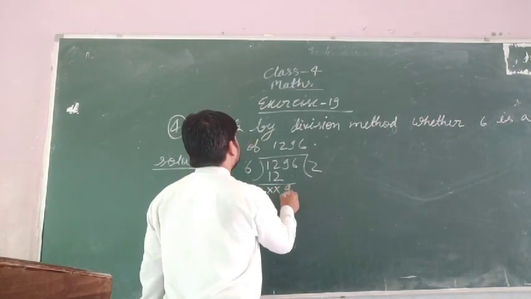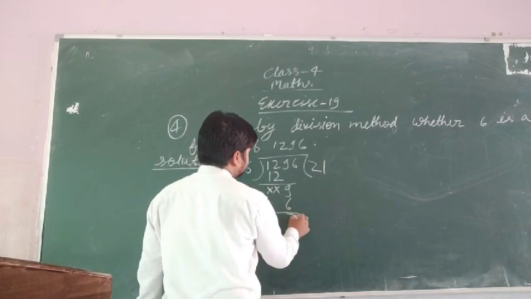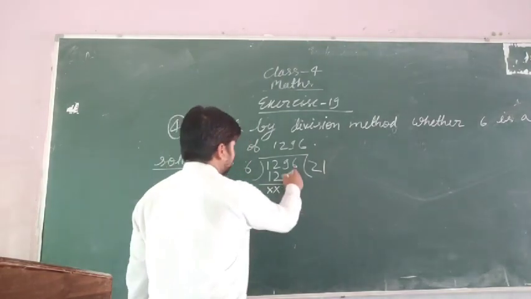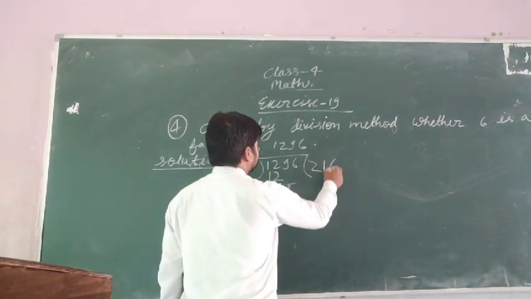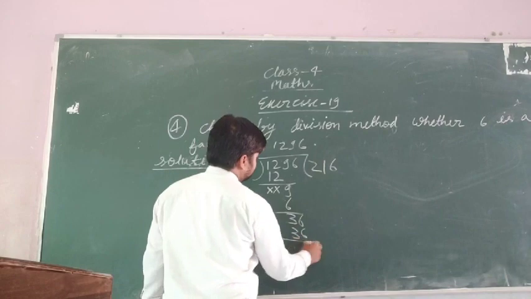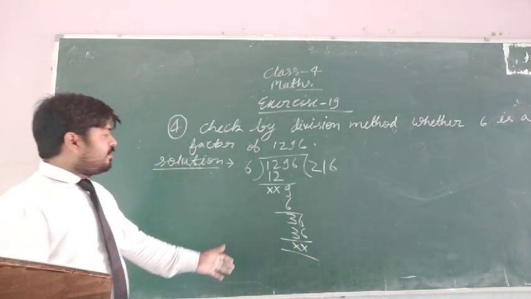Next number 9 will go down here. 6 ones are 6, 9 minus 6 is 3. Now again 6 will be noted down here. 6 sixes are 36. Okay. So division you have to show in the copy.